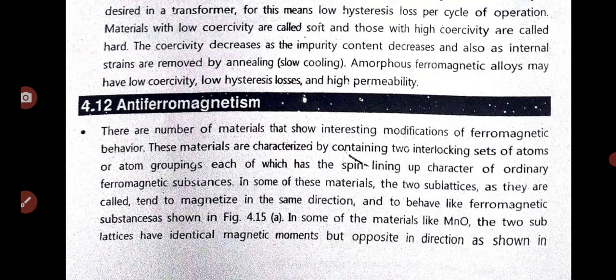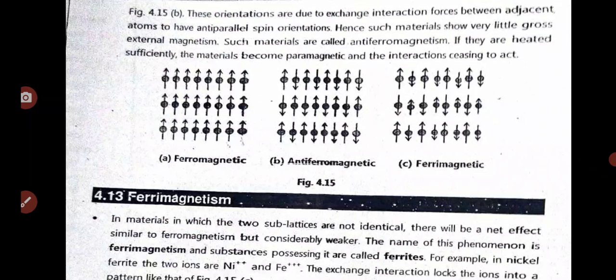In some materials like manganese oxide, MnO, the two sublattices have identical magnetic moments but opposite in direction, as shown in figure B. One spin is in the upside direction and one spin is in the downside direction, and the magnitude of these vectors is the same.